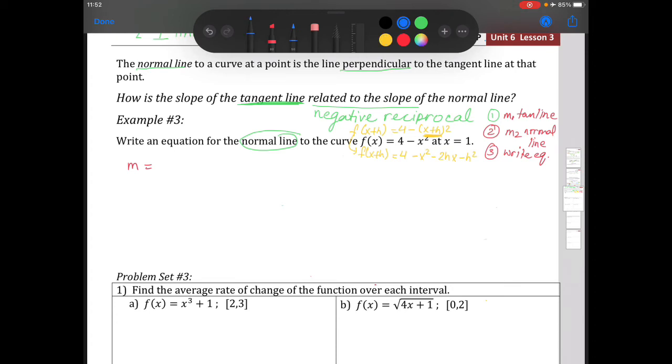So I'm going to rewrite that here. I'm first going to write the definition so that we know what we're doing.